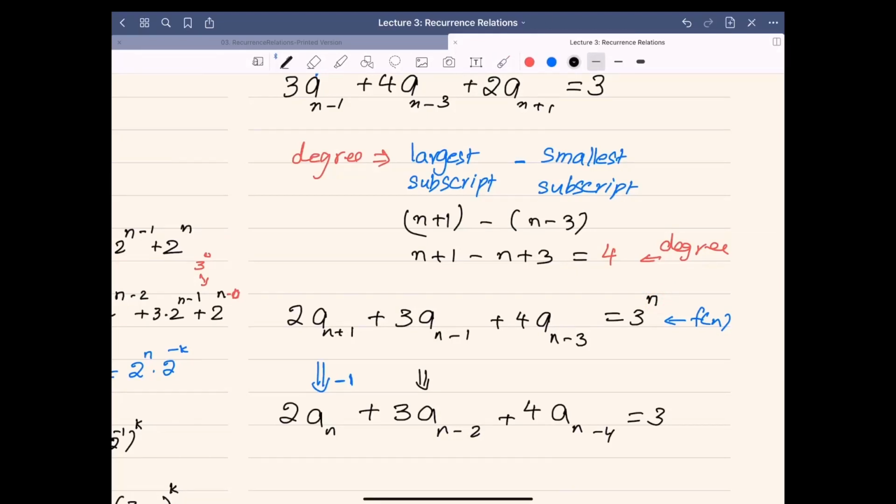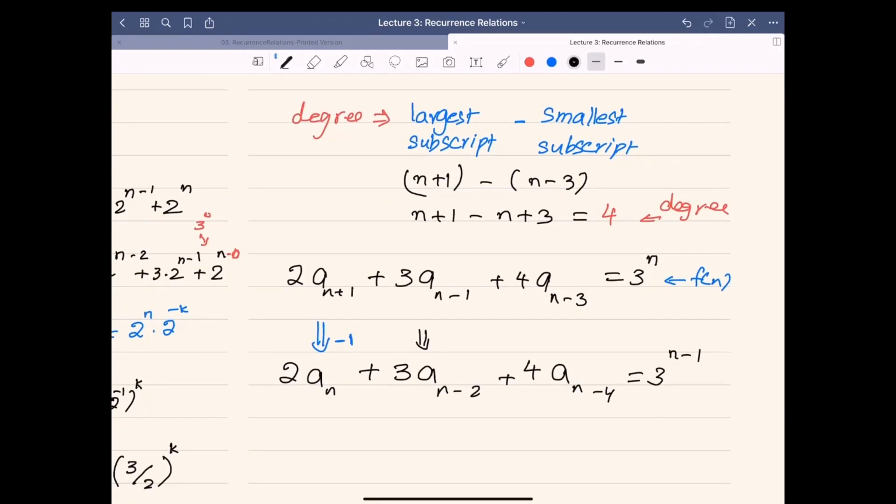Again, you subtract 1, so you will get n minus 1. So this is our equation, ordered from the largest subscript to the next one, to the next one. And again, this is coming from the original recurrence relation. The degree you can find from the last term. So this is the degree.